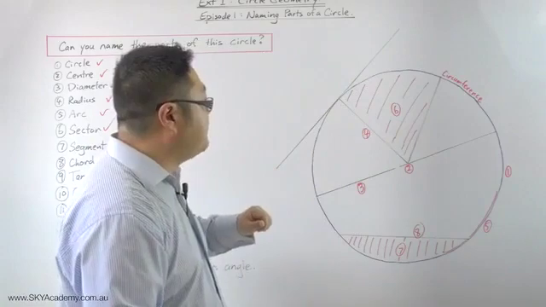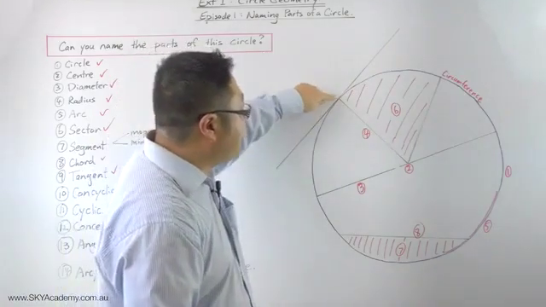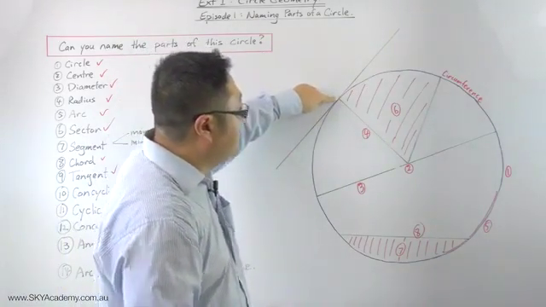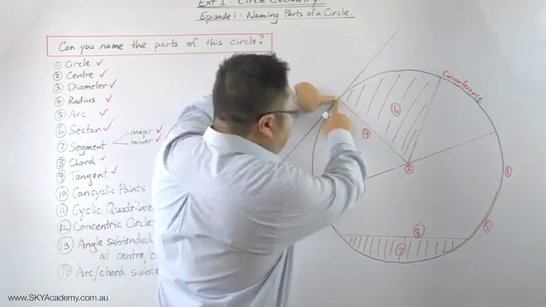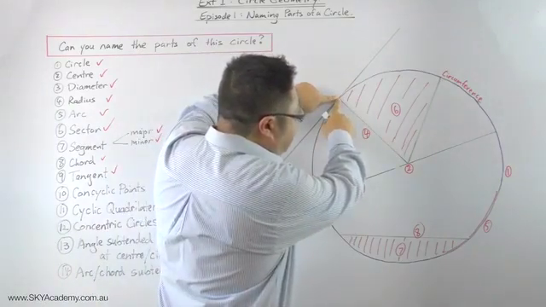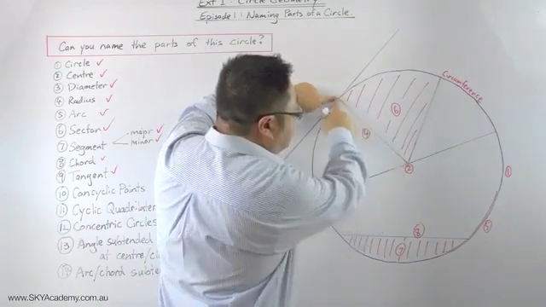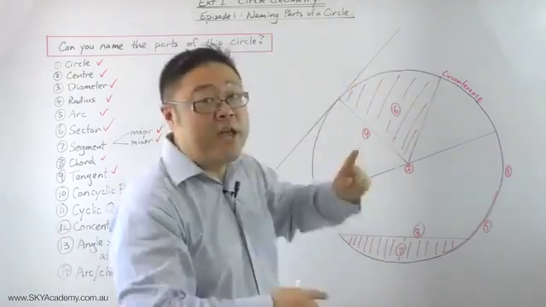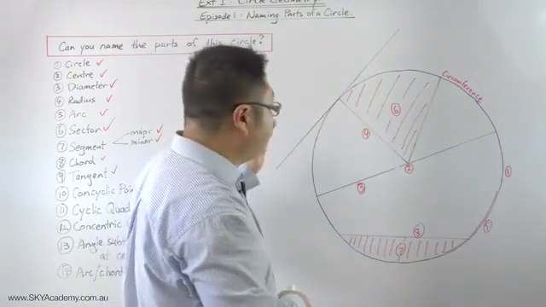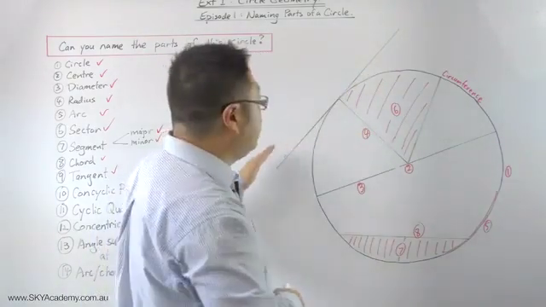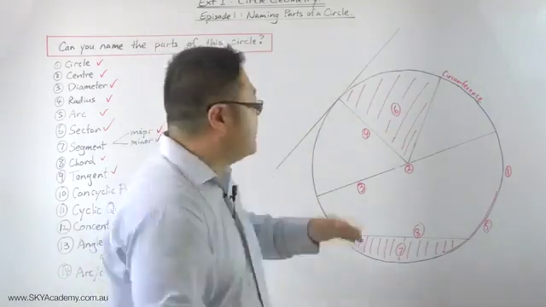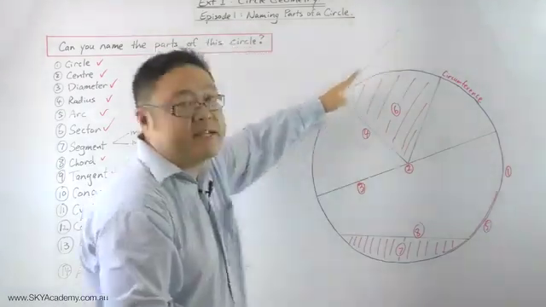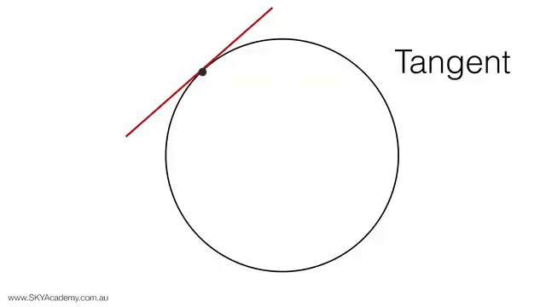What you will find is that at that point of contact, the radius from the point of contact to the center of the circle will be perpendicular to, in other words, 90 degrees to the tangent. And we'll go through that a little bit later, okay? But that might also make common sense, right? So the tangent is a line that touches the circumference at one point and just kind of keeps continuing through, okay? So that's basically what your tangent is.